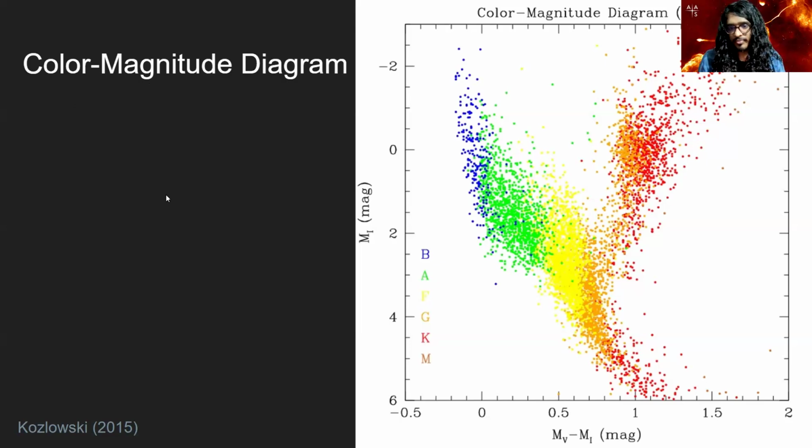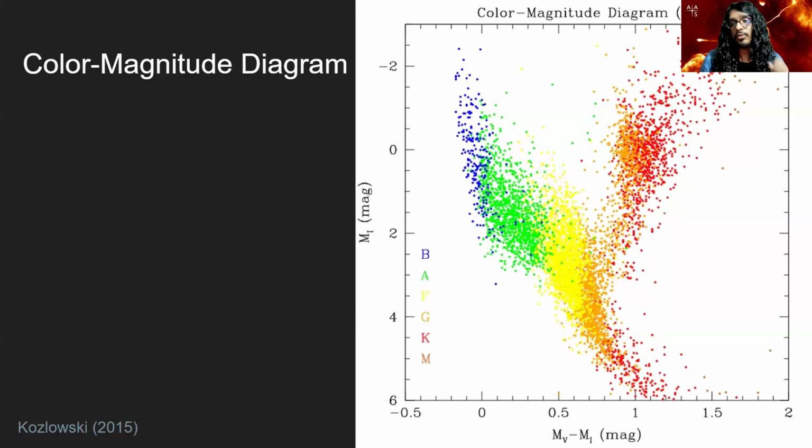Anyway, so we create something called a color magnitude diagram, where we plot the color on the x-axis and the magnitude on the y-axis. And you will see, once again, negative magnitude indicates brighter stars. They indicate more luminous stars. That's why the y-axis decreases from the bottom to the top.